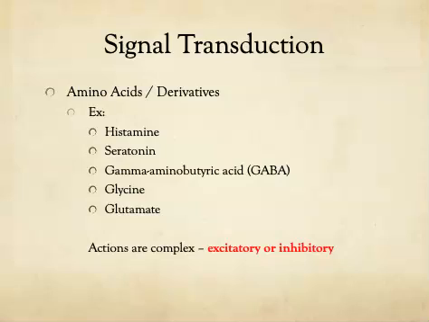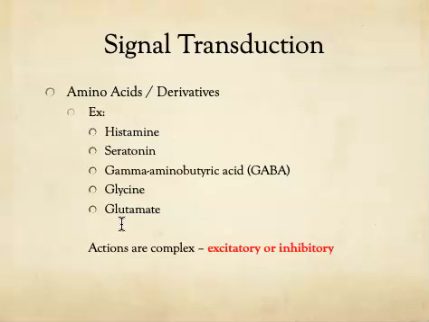The amino acids and amino acid derivatives include, again, histamine, serotonin, a derivative called gamma aminobutyric acid, or GABA. Glycine is one, glutamate is one. These are just amino acids that are capable of acting as neurotransmitters.